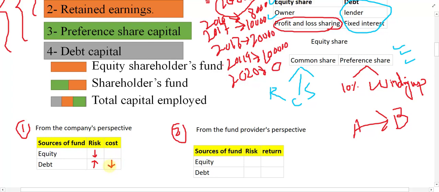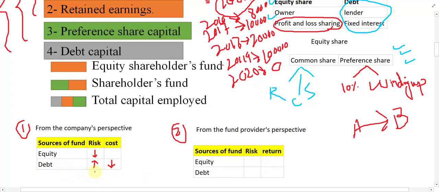For example, the cost of debt might be 10%, might be 8%, and so on. Why is the cost less? Because the risk for the fund provider is less, as we'll discuss later. If the risk for the fund provider is less, they expect less return from the company, right? We will discuss this, inshallah. It will be clarified when we discuss this point.